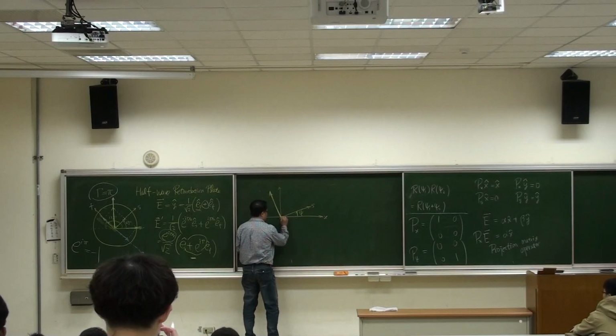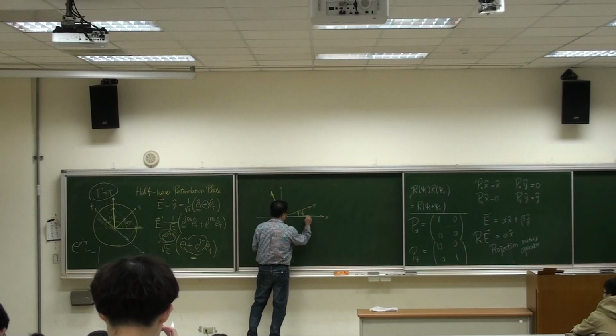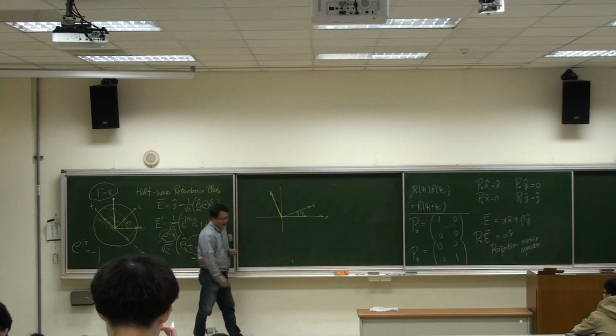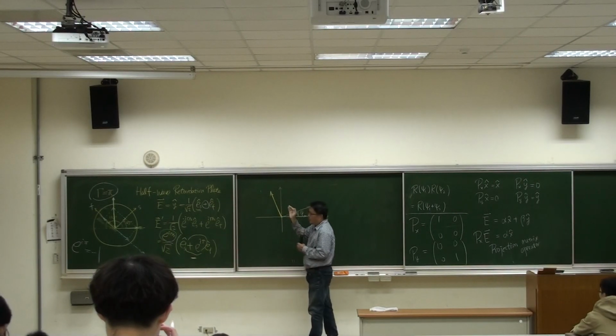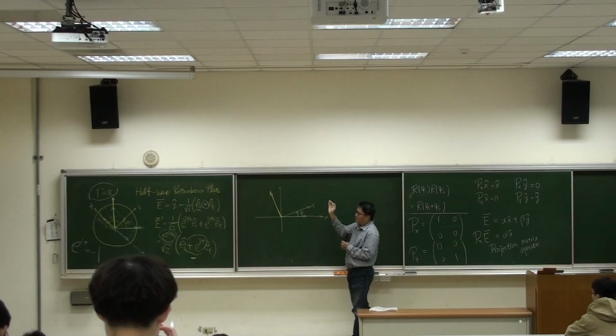Suppose initially we have X polarized light. What will be the final polarization?